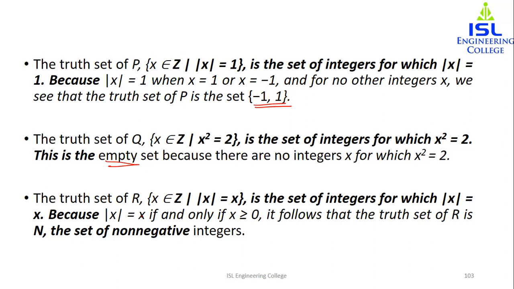If and only if x is greater than or equal to 0. Suppose we take x is equal to minus 5, then mod of minus 5, which is 5, is not equal to minus 5. So this is not true. Hence, the set of all non-negative integers, Z plus, satisfies this predicate.